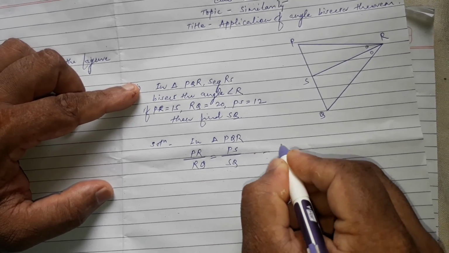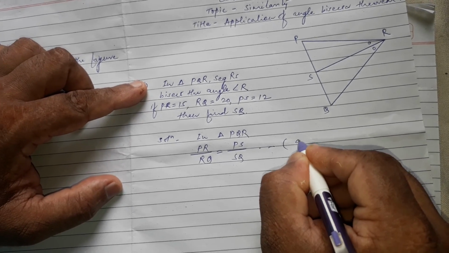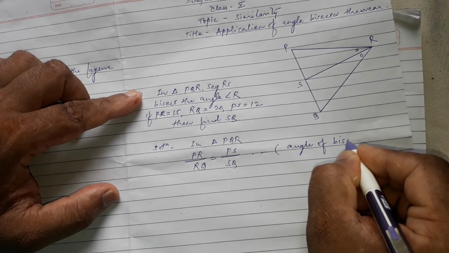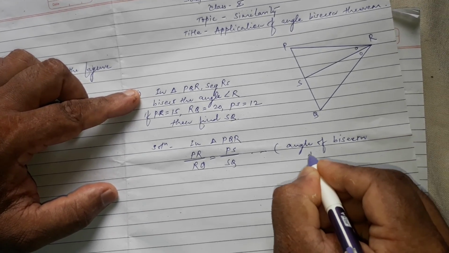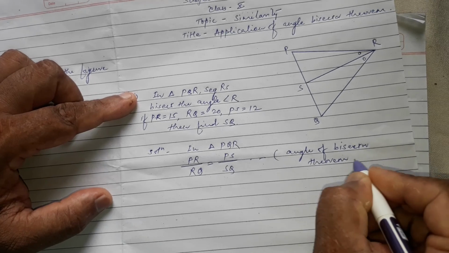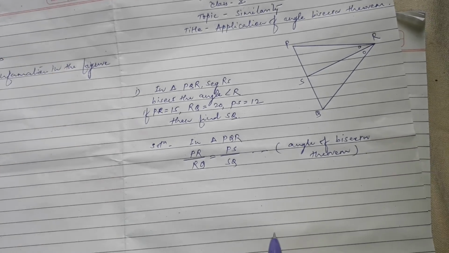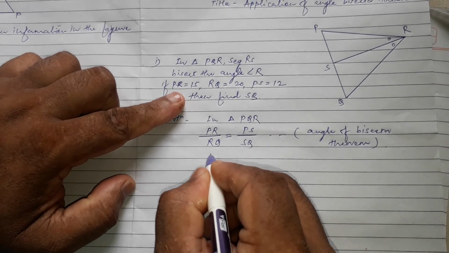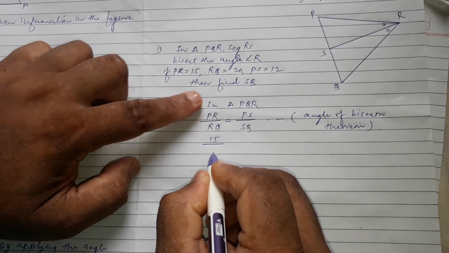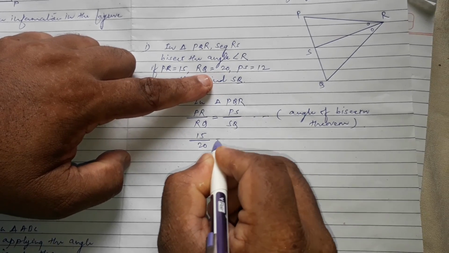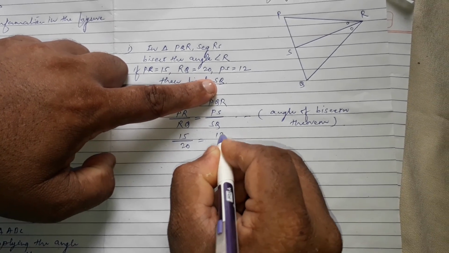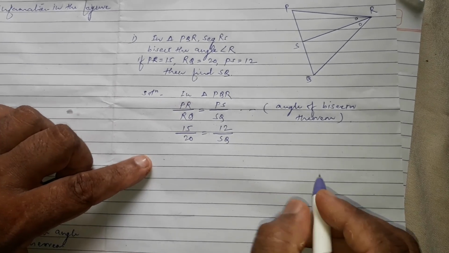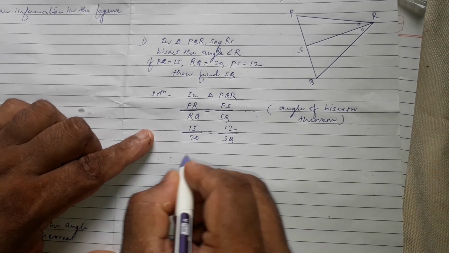You can mention the angle bisector theorem in brackets. Now we have to put the values: PR is equal to 15 is given, upon RQ is equal to 20, PS is equal to 12, and SQ you have to find out by taking cross multiplication of this ratio.